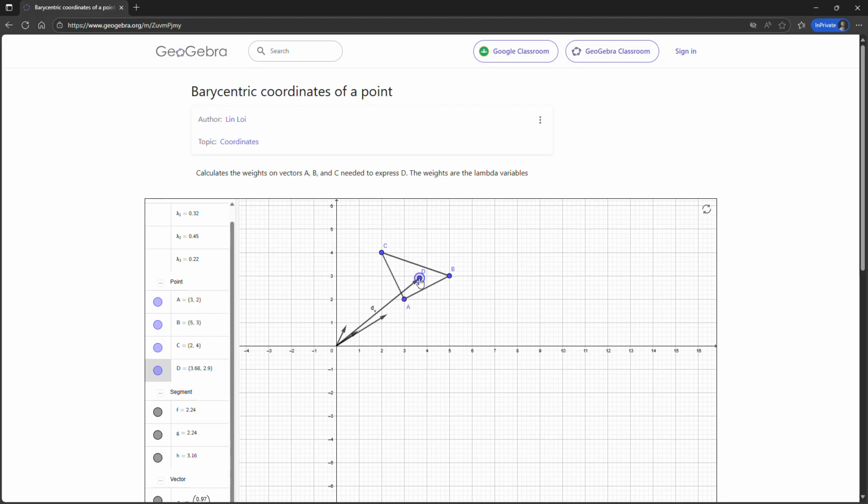For an intersection test, this is important because, remember I said each one of these values has to be greater than or equal to 0 and less than or equal to 1. All of the values combined have to add up to 1, okay? And this is our intersection test.